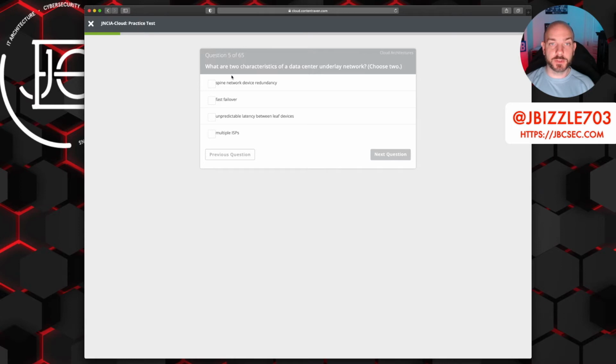What are 2 characteristics of a data center underlay network? Spine network device redundancy, fast failover, unpredictable latency between leaf devices, multiple ISPs.